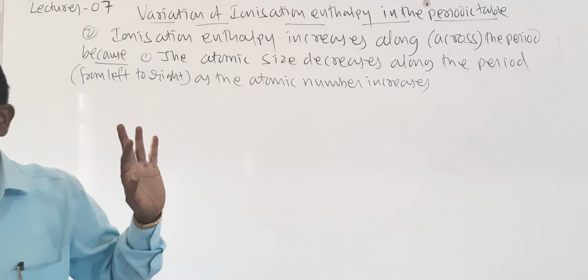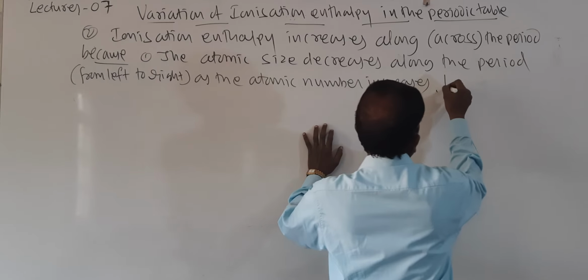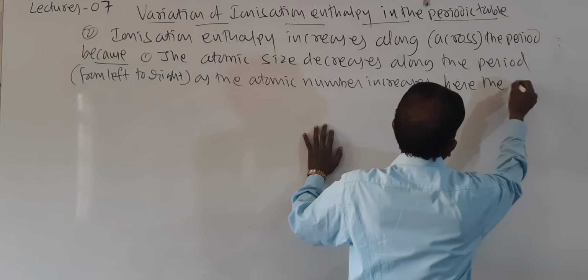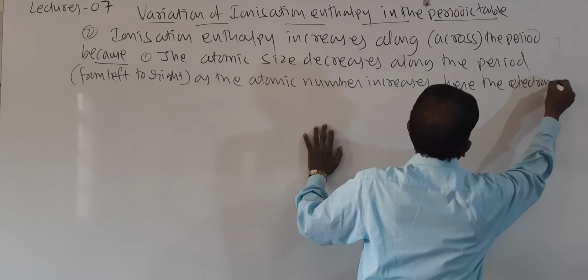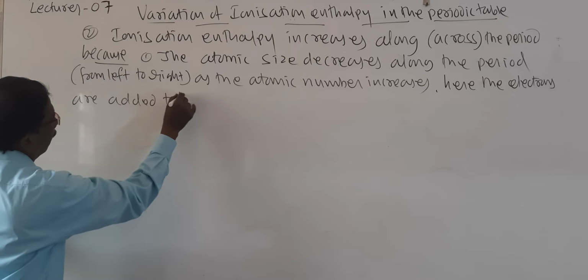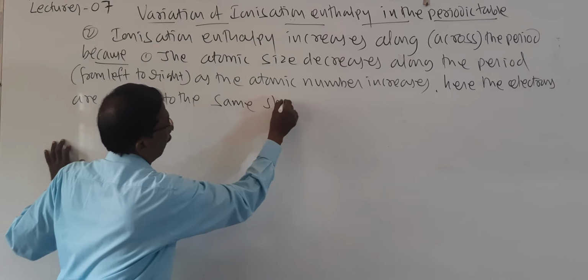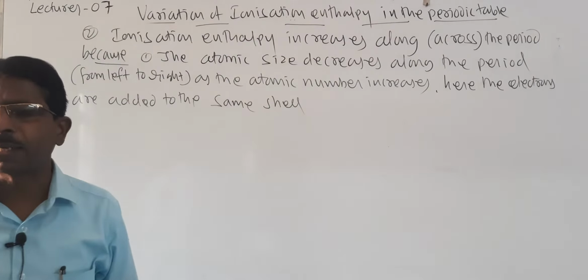ಇಲ್ಲಿ ರೀಸನ್ ಏನದ, first reason: along the period, here the electrons are added to the same shell. The principal shell does not change.